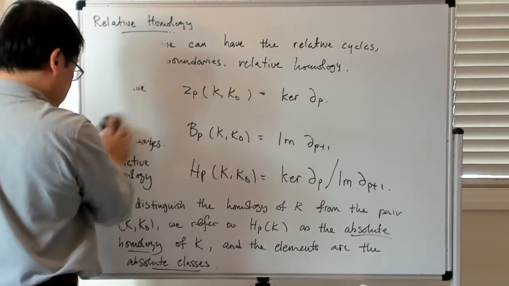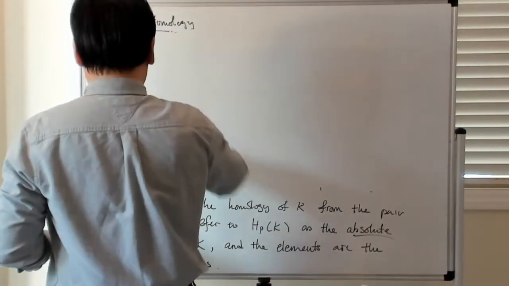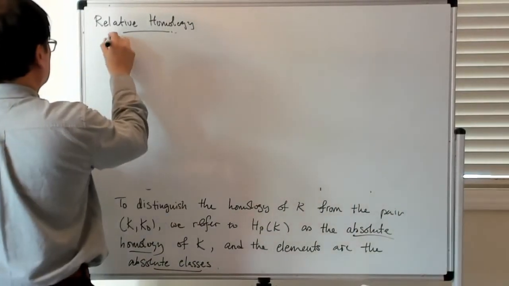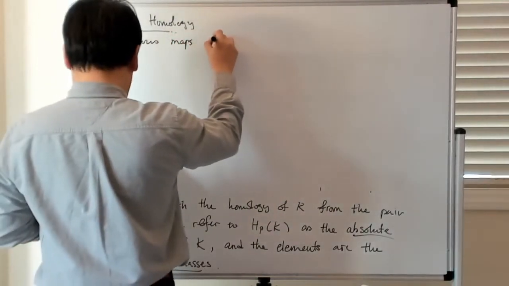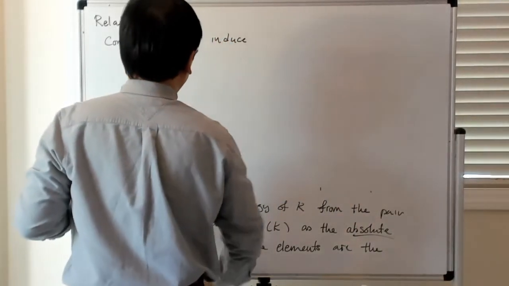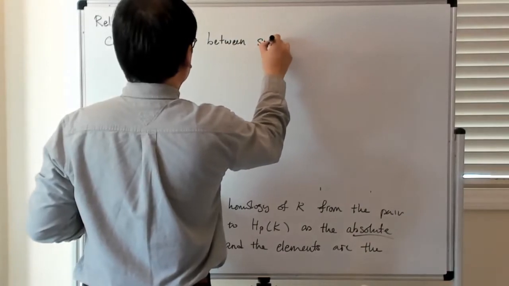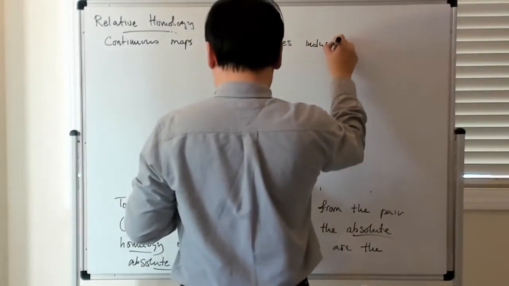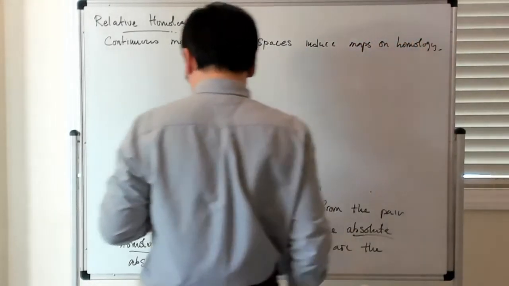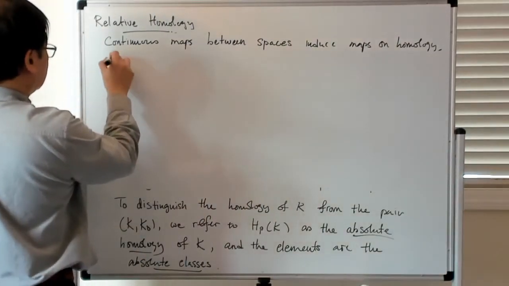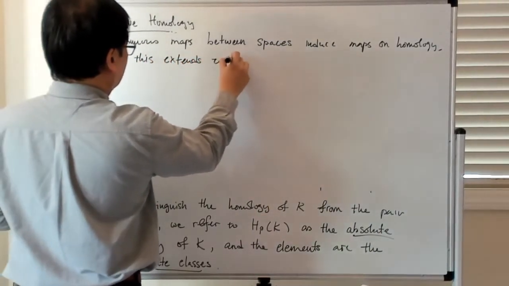So continuous maps between spaces induce maps on homology, and this extends to relative homology as well.